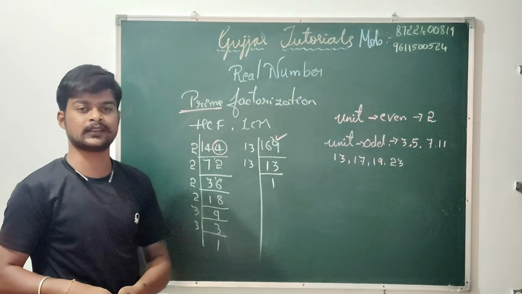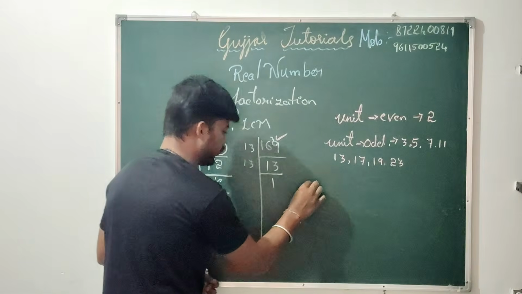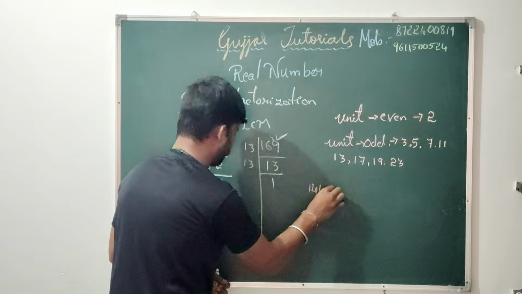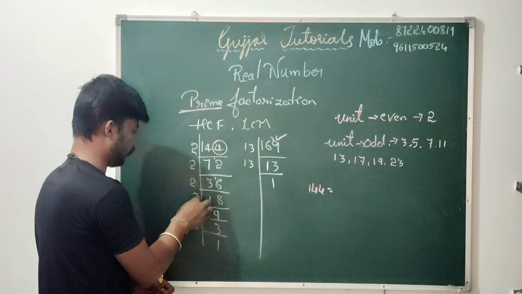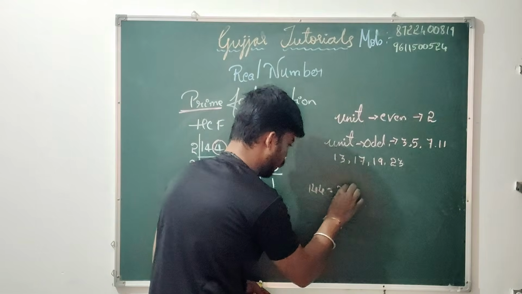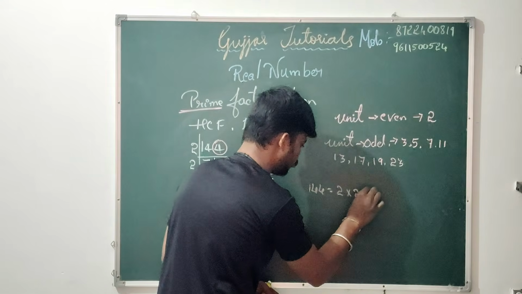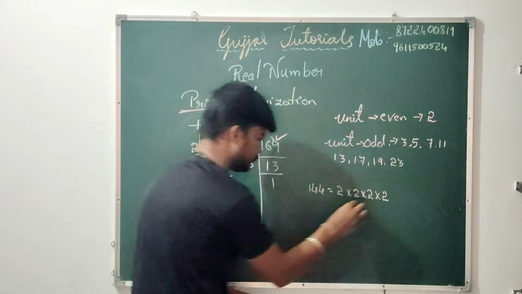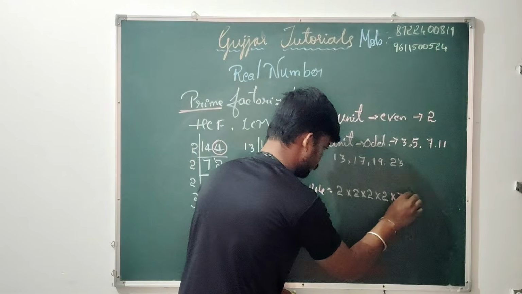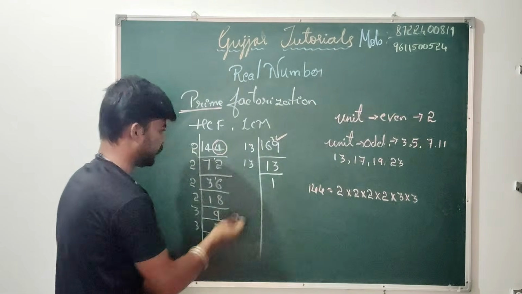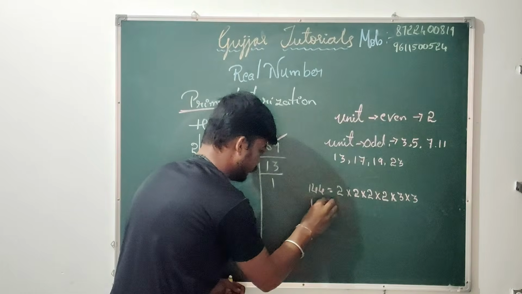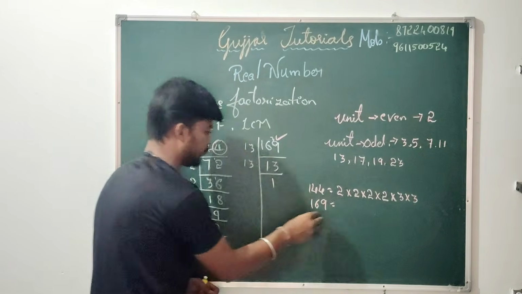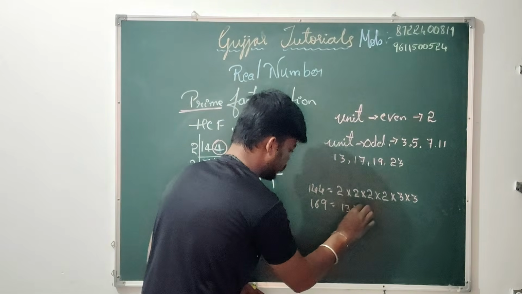Sir, how to find HCF and LCM? So 144 is there. 144 equals 2, how many times? 1, 2, 3, 4. 4 times 2 is there. Then, sir, 3 is there 2 times. Then the next number is 169. 13 is there, one more time 13 is there.